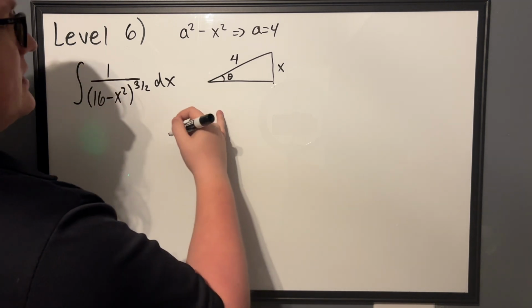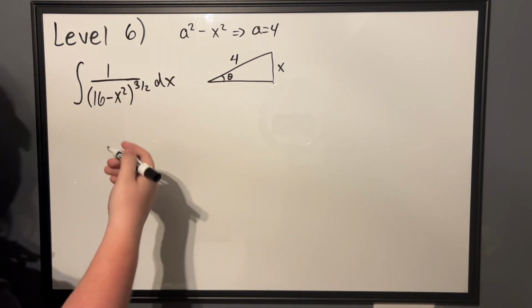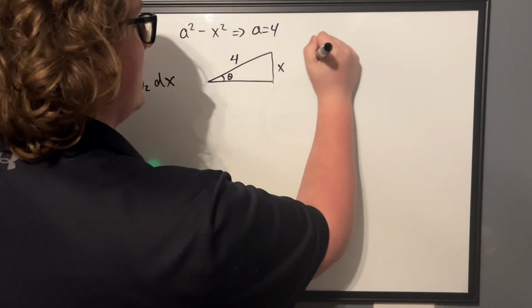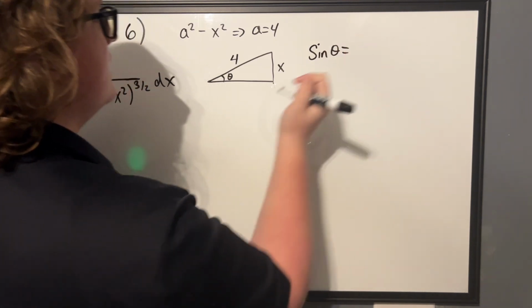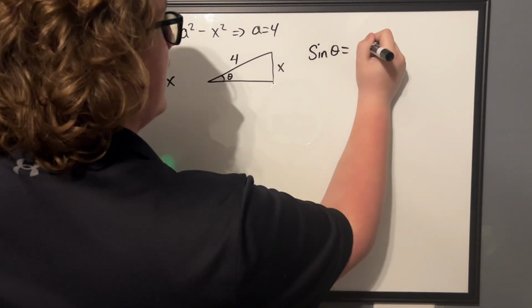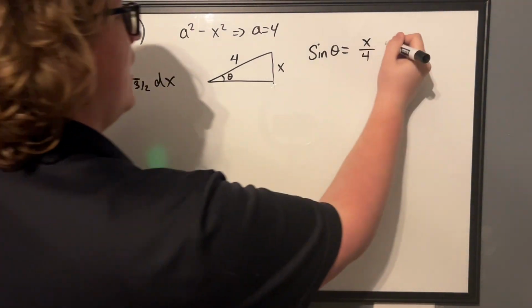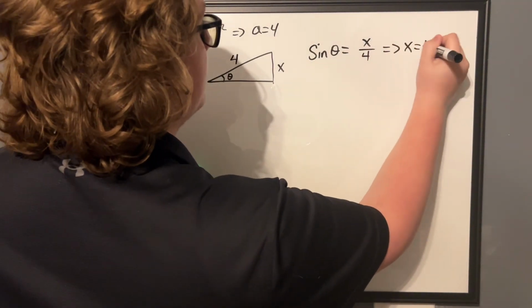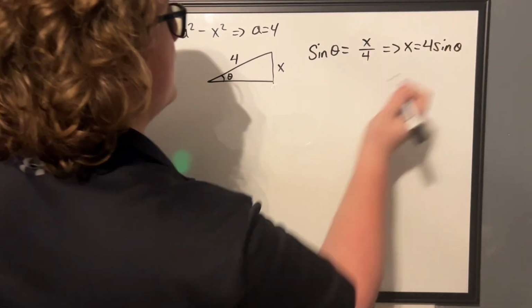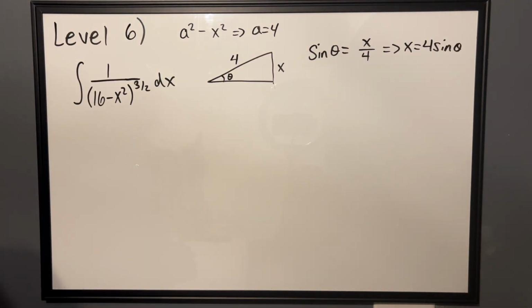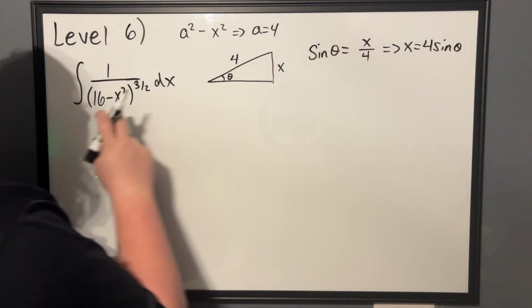But what we want to do is evaluate for x. So if we know that sine theta is equal to opposite over hypotenuse, which is x over 4, and that implies that x is equal to 4 sine theta. So we're actually going to use that substitution for x.